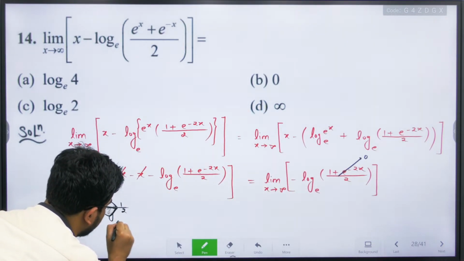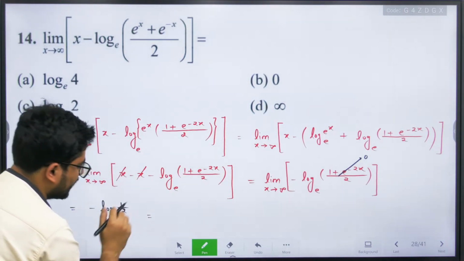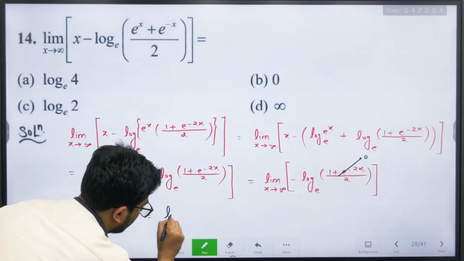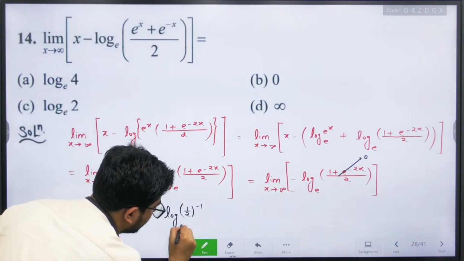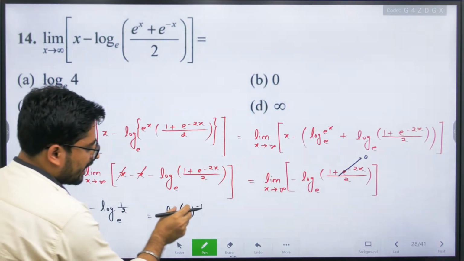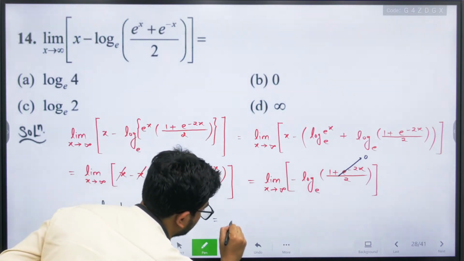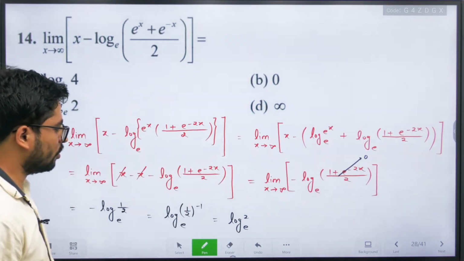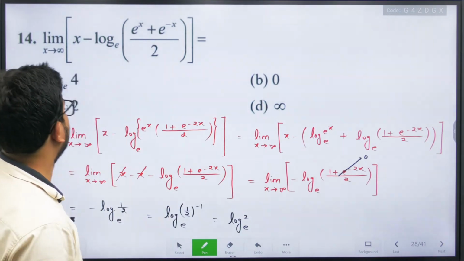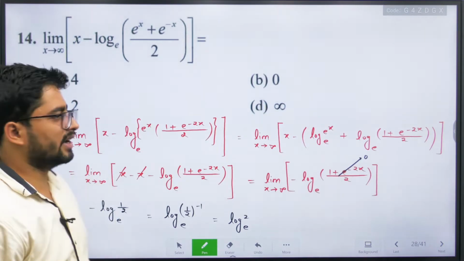You can take the power minus 1 here, so you will get log of half power minus 1 to the base e. And half power minus 1 is 2. So this thing is log 2 to the base e. That's the final answer. Log 2 to the base e. So option C is the correct one.